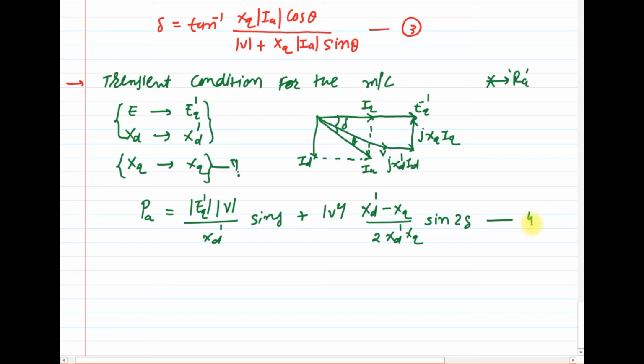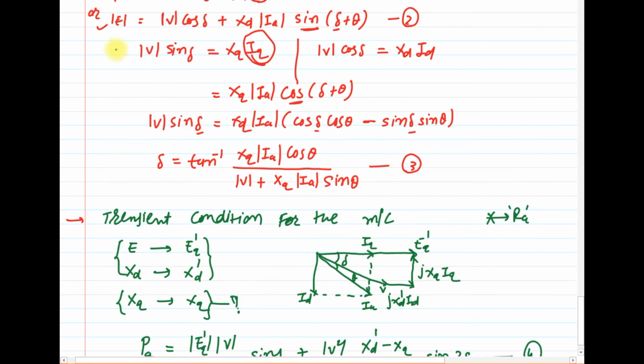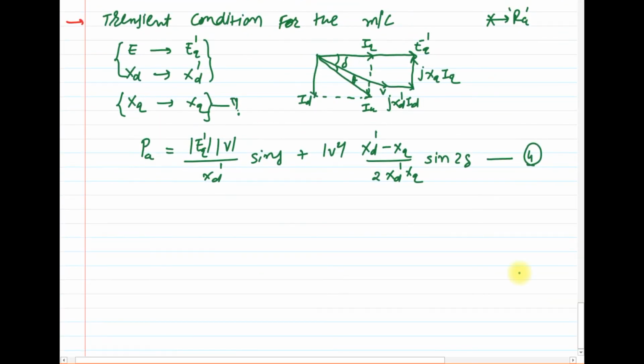This is equation number 4, which shows the power generated by the salient pole machine under the transient condition. Clear? In the same way as we derived the generated voltage equation, we need to derive the voltage EQ dash under the transient condition. For that, from the phasor diagram, we just need to repeat the same process as we did previously for the steady state condition.